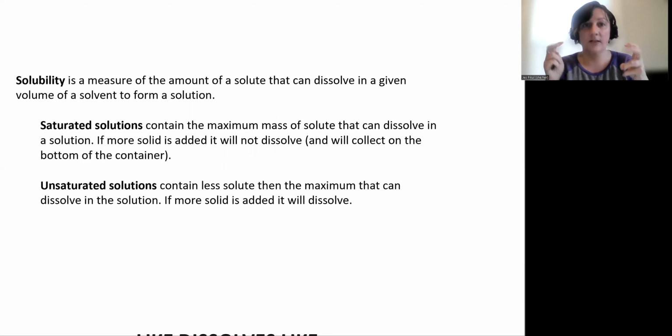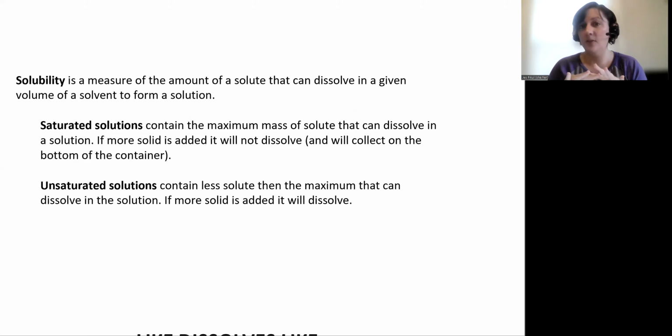So a saturated solution is just going to be something that has the maximum amount of that solute. If I put more of it into the solution, it would just fall to the bottom of the container. An unsaturated solution has less than that maximum amount. So if I added more of the solute in, it would dissolve, it would disappear into the kind of uniform solution that we were working with.